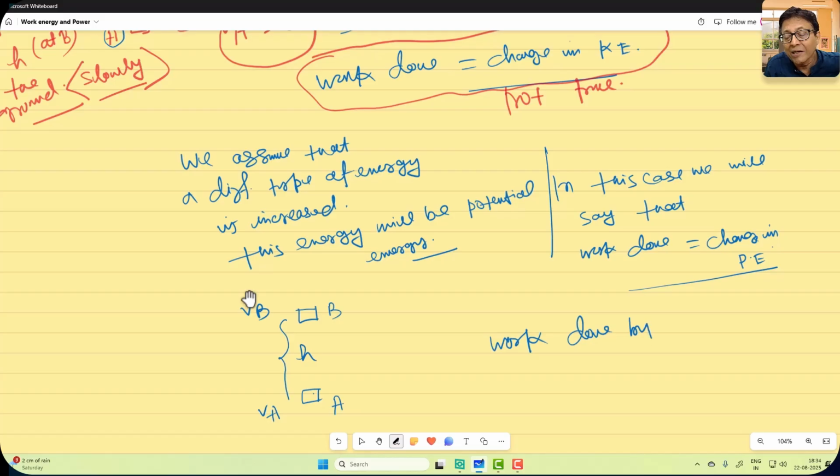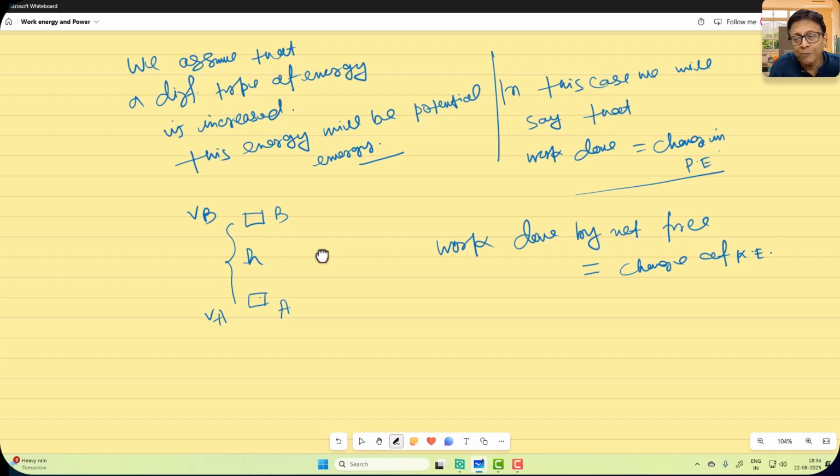work done by the net force, that we refer to as the change of kinetic energy. That's true. And this net force, the way I have written before, is F conservative, F non-conservative, F external, F internal.